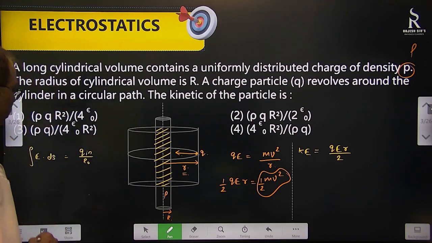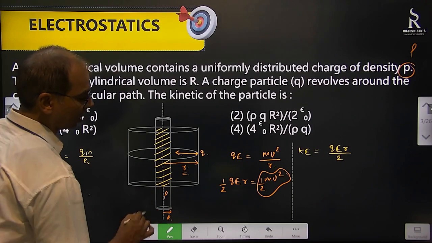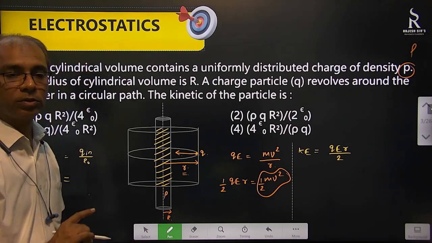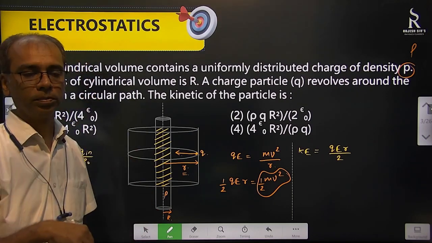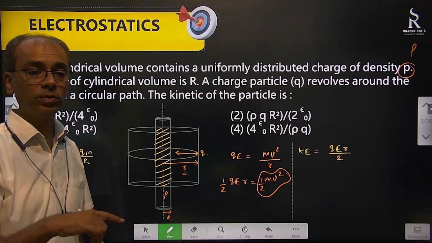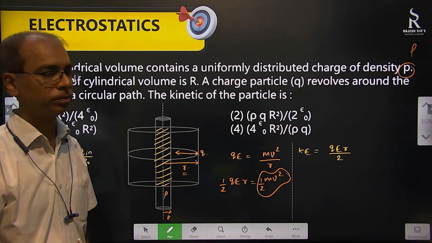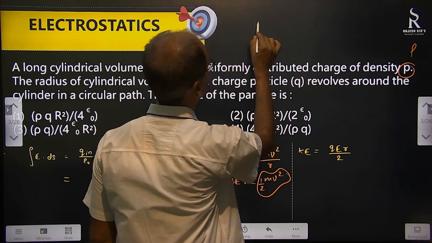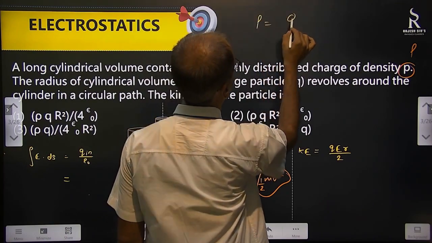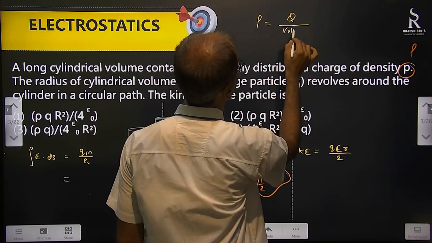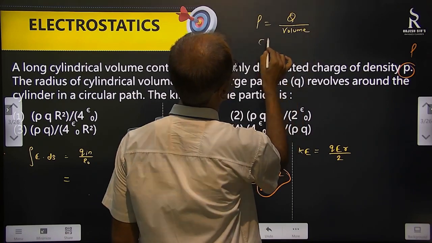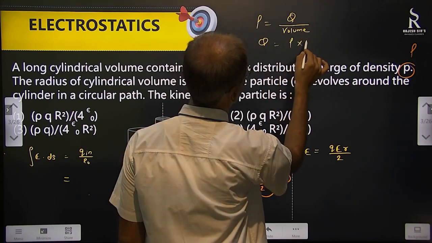So in this cylinder, how much charge? What is given to you? Volumetric charge density. Volumetric charge density means charge by volume. So Q is density into volume.